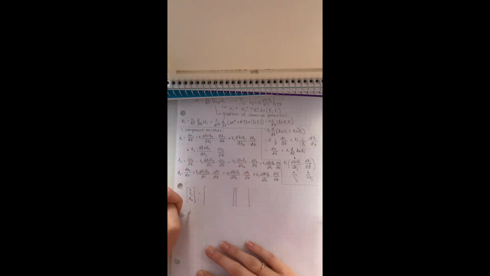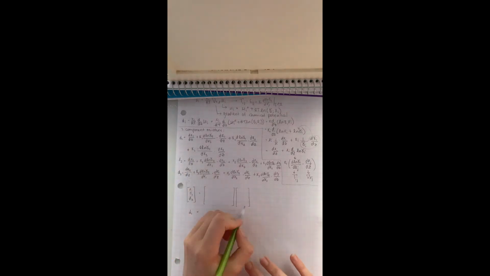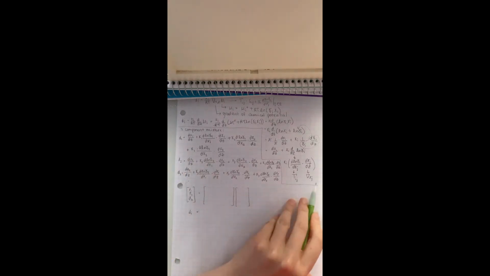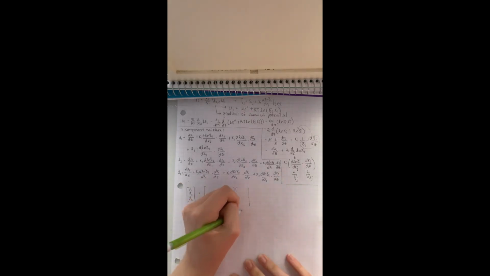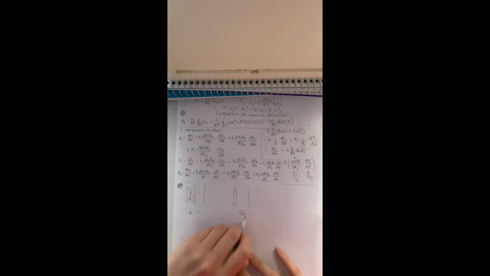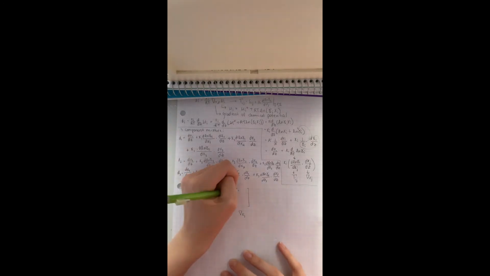So if we have our driving force for component I, this vector right here we can think of as our mole fraction gradient, so the change in mole fraction of component J with respect to position. So for our 3 components, we'd have change in x1 with respect to position, dx2, dx3.